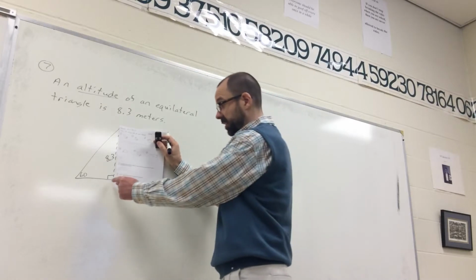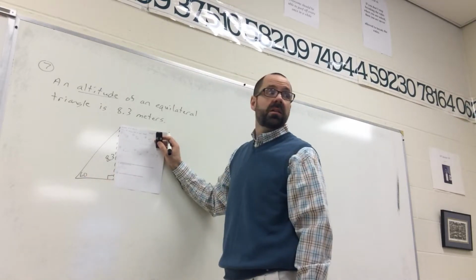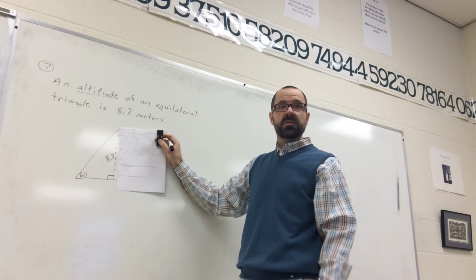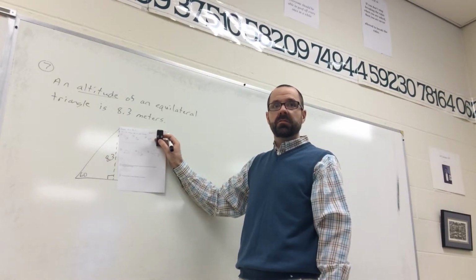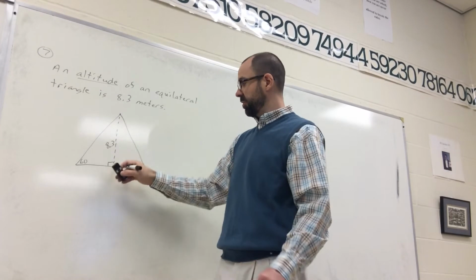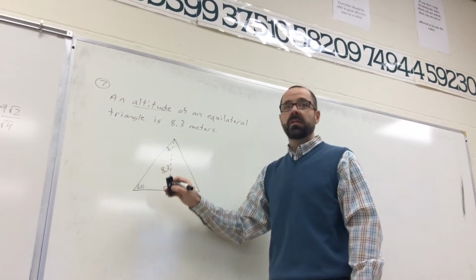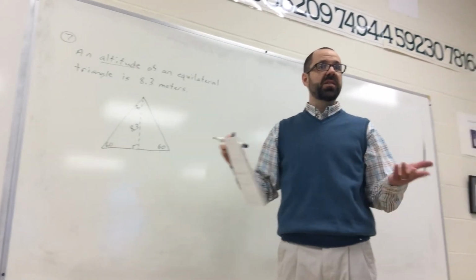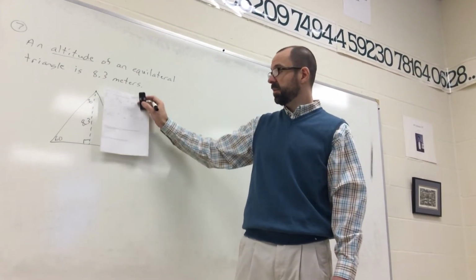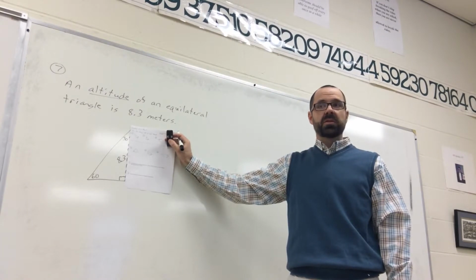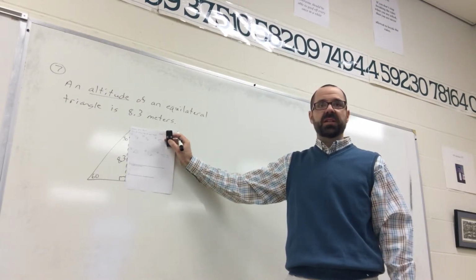It's got a 90, it's got a 60, so that's a 30, right? Subtracting from 180. So when I drew the altitude, it ends up that that is 30 up there. So that's why this is happening today, because that's now a 30, 60, 90 triangle. So we can use our facts about 30, 60, 90s to figure stuff out.